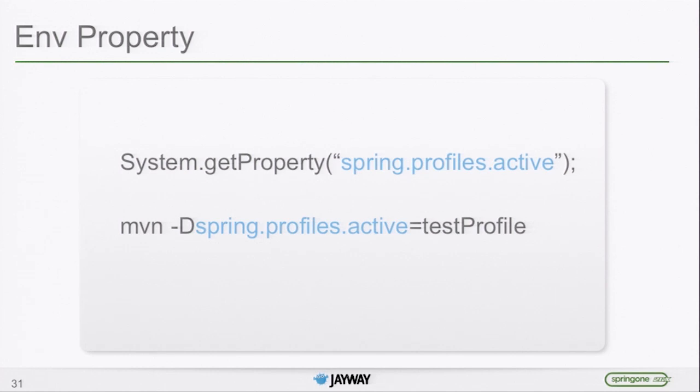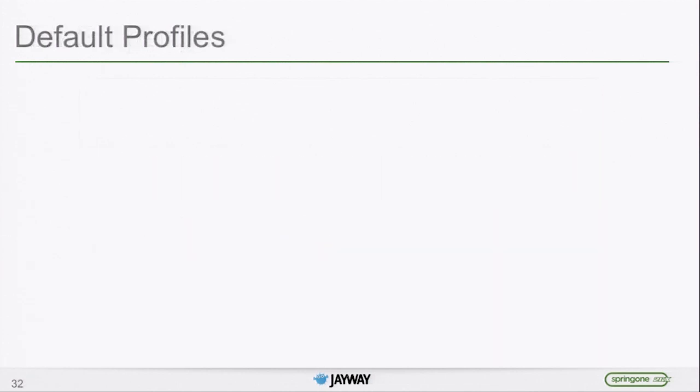What I just said is that you don't always need to specify your profiles, because Spring also has the notion of default profiles. Default profiles are what you provide if you don't want to add arguments explicitly. But what you need to know about default profiles is that if you apply any other active profile, the default one will be disabled.